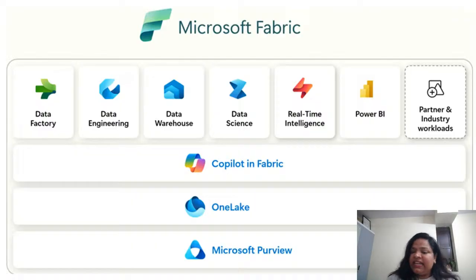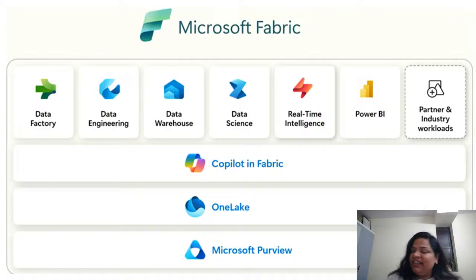It embeds AI capabilities throughout, so you don't need to integrate services manually, allowing you to transform raw data into actionable insights efficiently. Also, it unifies new and existing components from Power BI, Azure Synapse Analytics, Azure Data Factory, and more into a single environment.